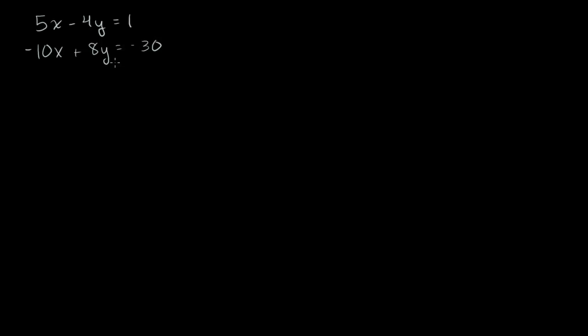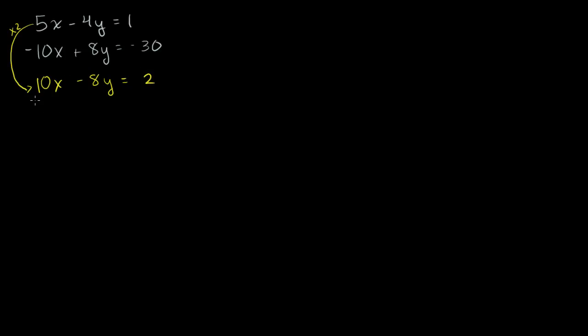Once again, I'm tempted to do elimination here because I have a negative 10x and a 5x. If I take the top equation and multiply it by 2, I'll get 10x minus 8y is equal to 2. I just multiplied both sides by 2.